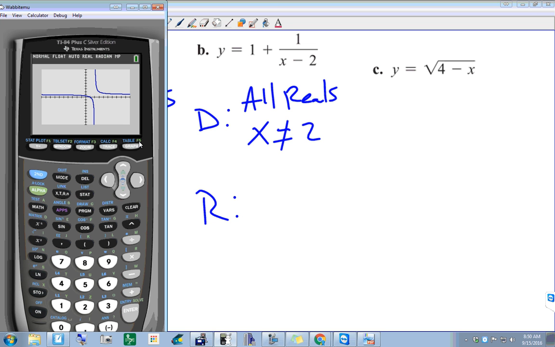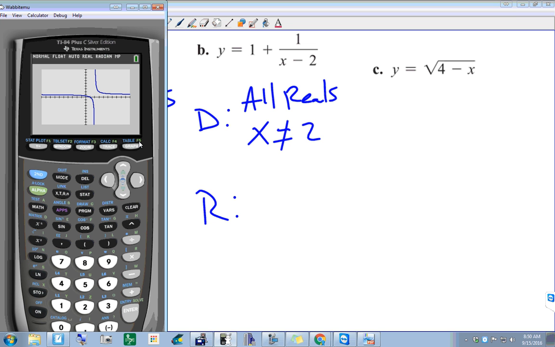Okay? Now, this is kind of where we start thinking about what's called end behavior. Where does this thing go? Where does it come from? If I put a negative in there for x, okay, what kind of values will I get out for that fraction?